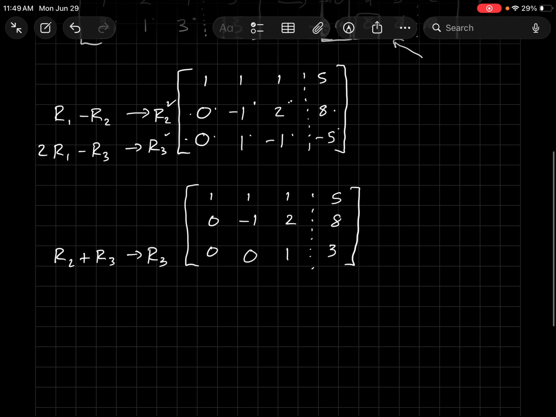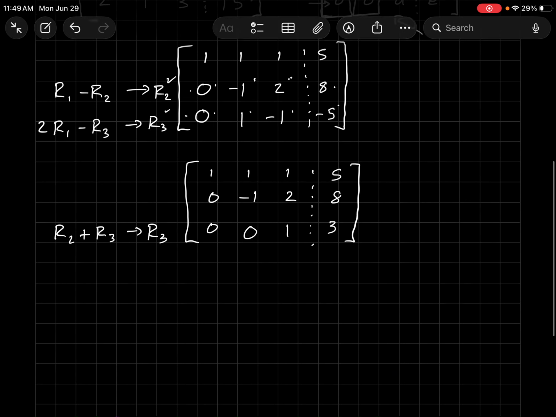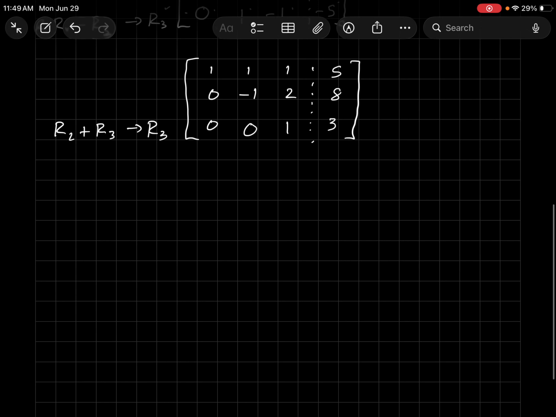Well, I can take this new augmented matrix and go backwards, can't I? If I look at my row 3 here, this simply tells me that z equals 3.